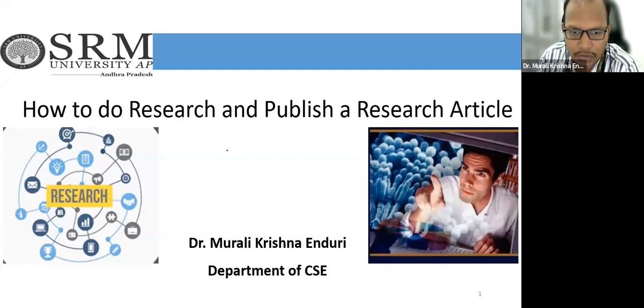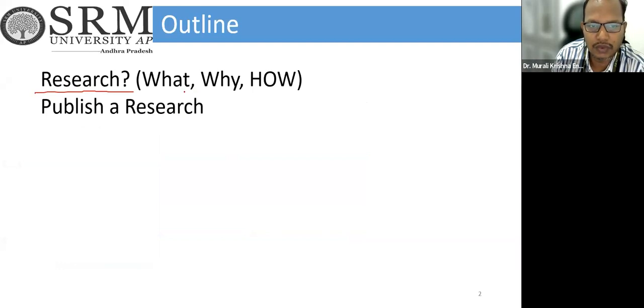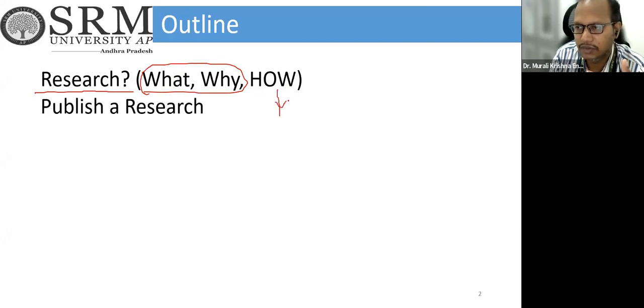As I said, we are going to touch upon two topics. One is mainly what is research, why we are doing research, and how to do the research, as there are many processes. We have some motivation like what is research and why research, but what is the procedure, how do you choose a topic, what is actually effective in research, and the different main components.